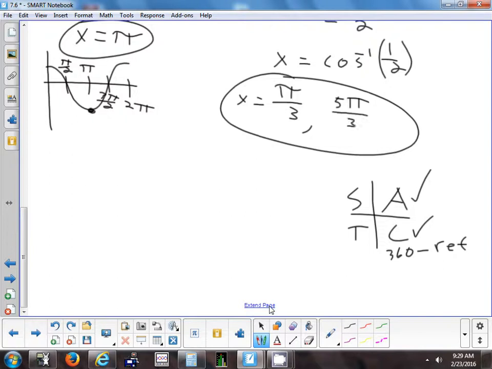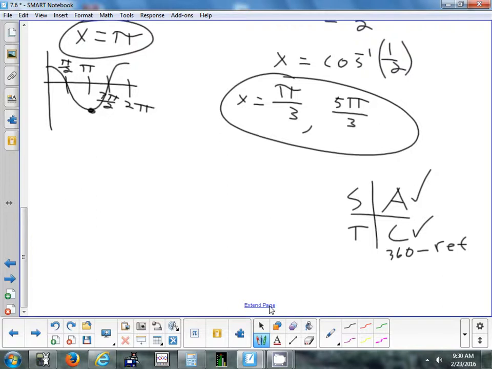If you convert to radians, it's 5 pi over 3. Because pi over 3 is 60. So if you put a 5 in front of it, it's 5 times 60, or 300. Okay, it's a little tricky, because you got to remember, not only to get that first answer, you got to remember to get that second answer. Okay? The only time the second answer happens is if you land in a quadrant.